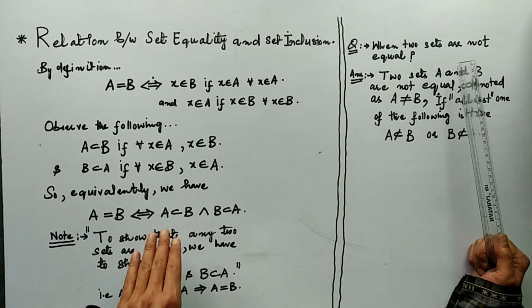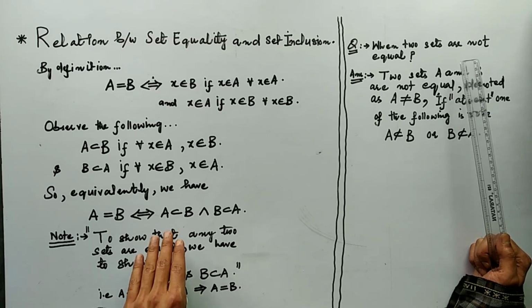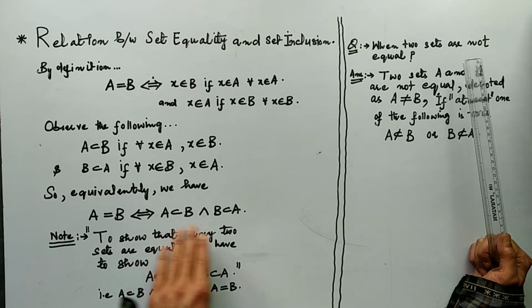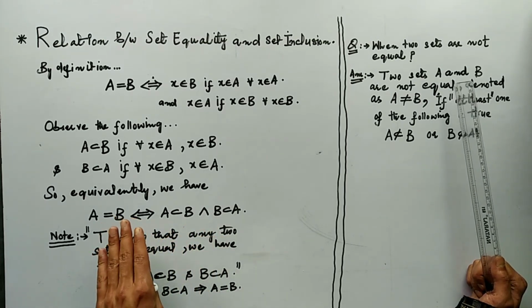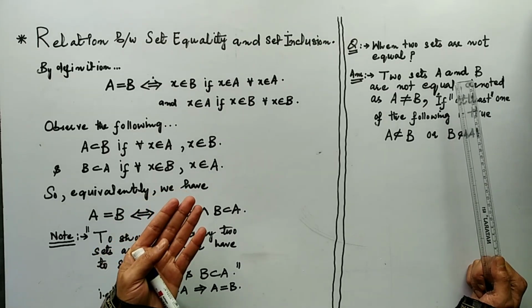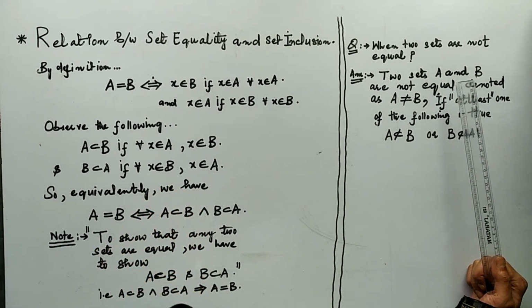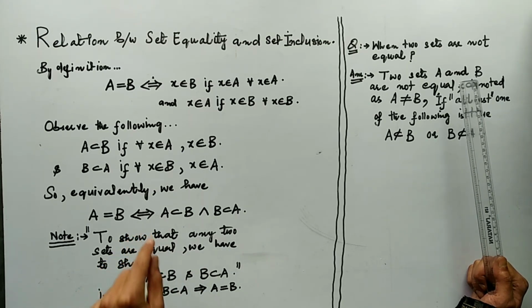So, if you are asking when two sets are not equal, it means that you have to negate this very thing. A and B are equal if A is subset of B and B is subset of A. It means that if A is subset of B and B is not subset of A, this statement will not hold.